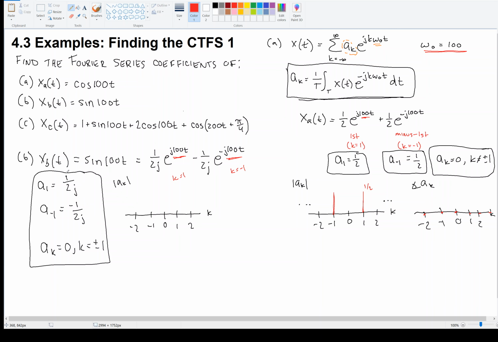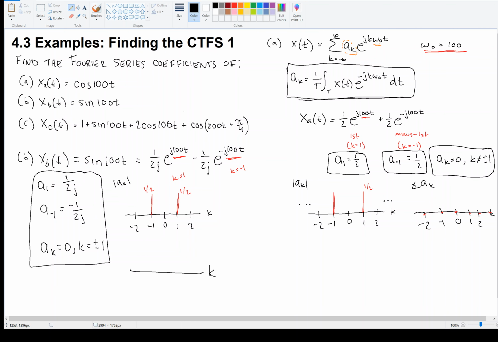Now think about the complex plane. Go check out those previous videos. The complex plane, this j is a direction. The magnitude of this is 1/2. Okay, and what's the magnitude of -1 over 2j? Well, that's 1/2 as well. Okay, and all the rest have a magnitude of 0.